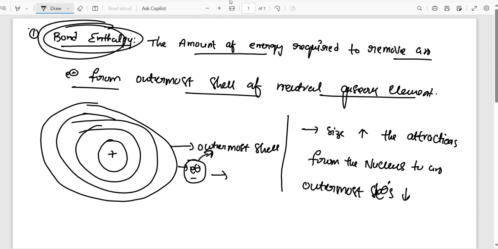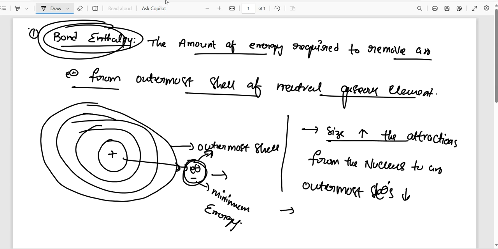When you increase the size, the attraction between the nucleus and this electron decreases. So we can easily remove this electron by using a minimum amount of energy. So we conclude that as size increases, the attraction from the nucleus to the outermost electron decreases, and we can easily remove the electrons.